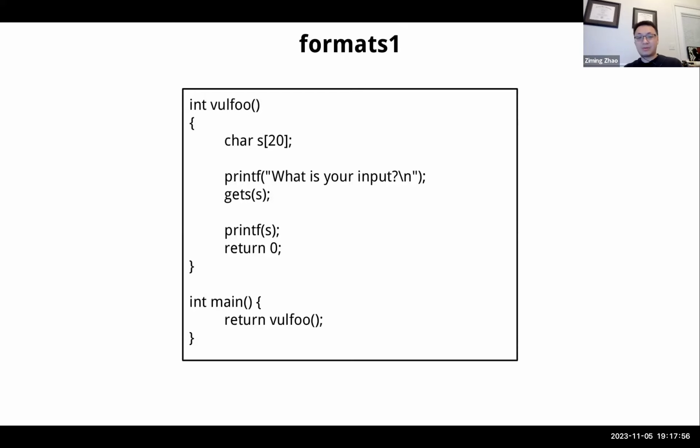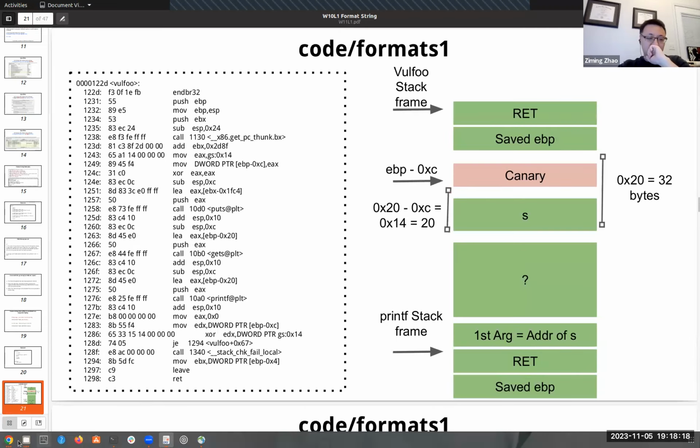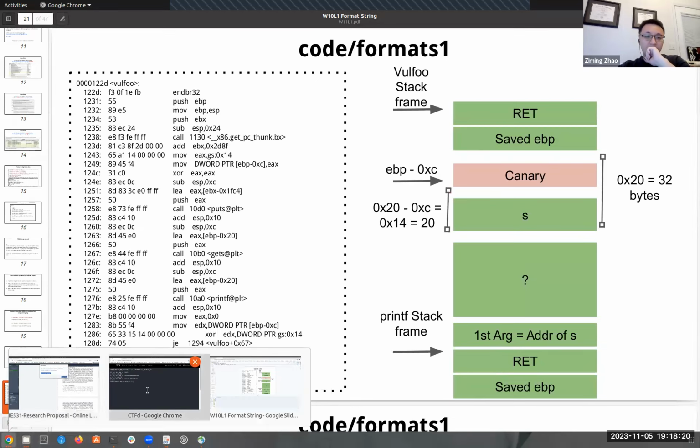We already studied that before. Then the second vulnerability is here. The user input is in X, and the user input is directly used as a format string in the second printf. And that's where the vulnerability is. Okay, so let's run this program and see what we can do with this.